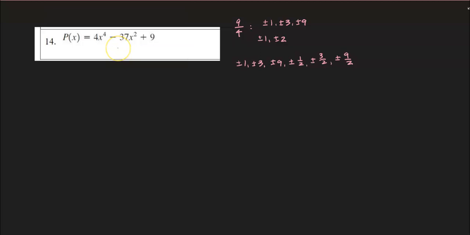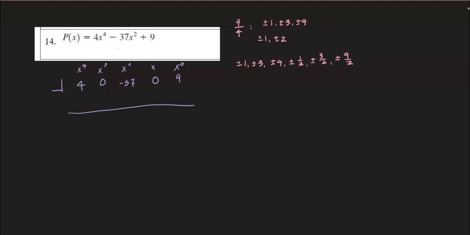Let's go ahead and set it up. We had a 4 for x to the 4th. X to the 3rd is going to be a 0. X to the 2nd is going to be negative 37. X is 0. And then x to the 0 is going to be 9. Okay.